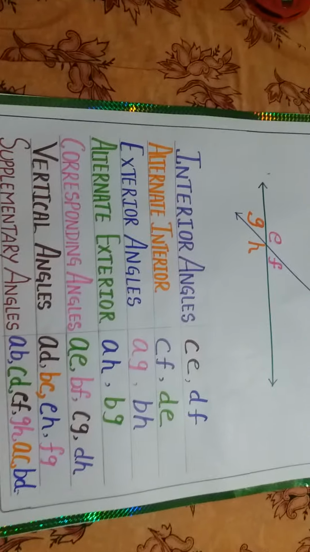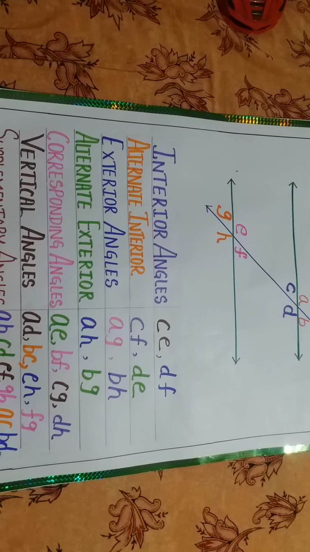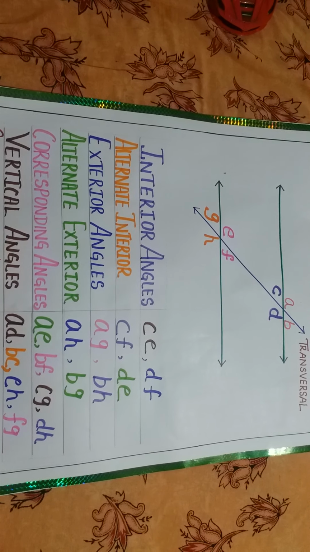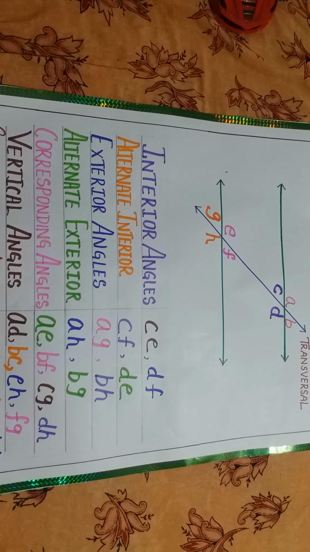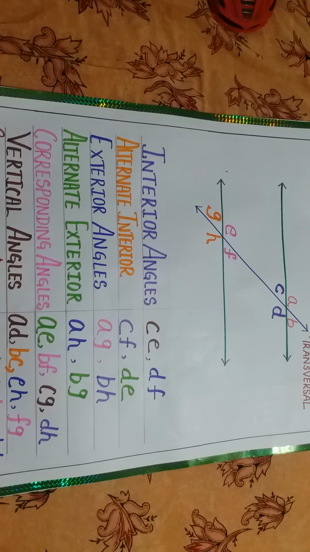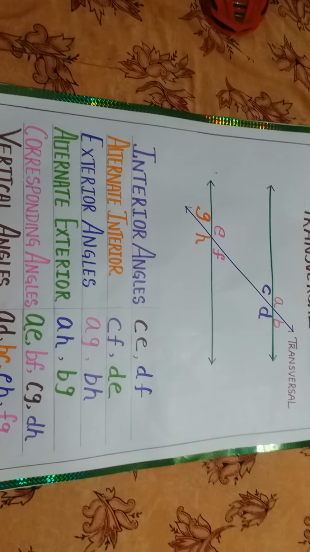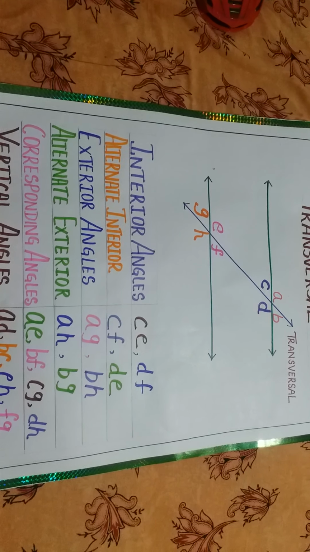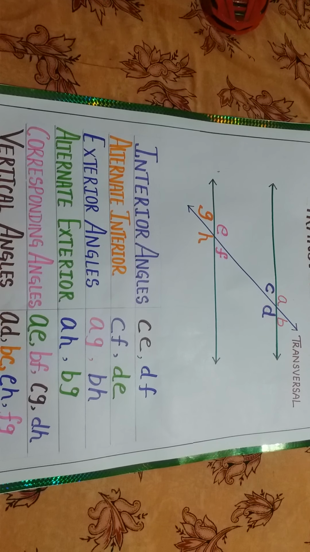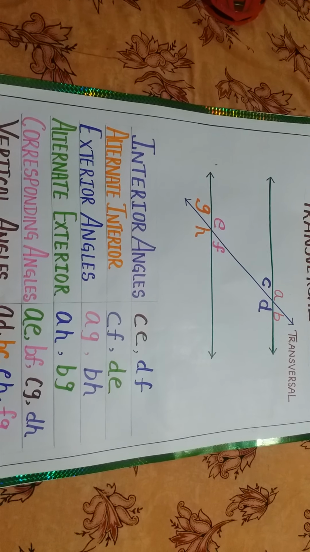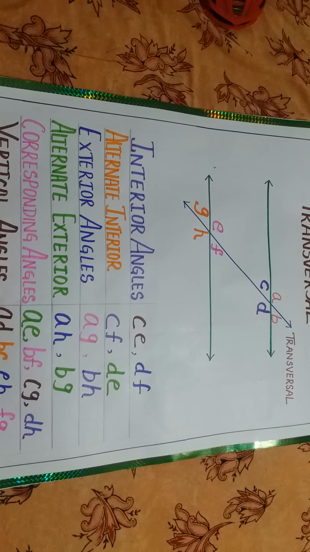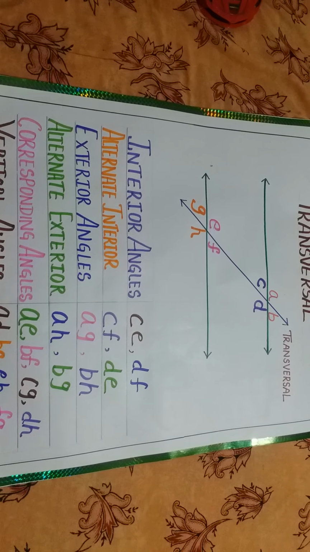Now we'll see the total angles formed by this parallel line cut by a transversal line. By seeing the diagram, the interior angles are C, D, E, F. Alternate interior angles are C and F, and D and E. Exterior, the outer part, are A, B, G, H. The alternate exterior angles are AH and BG.